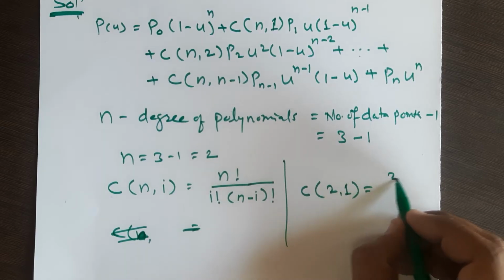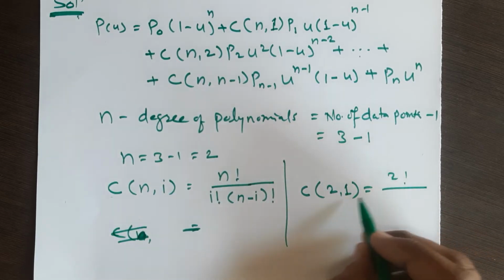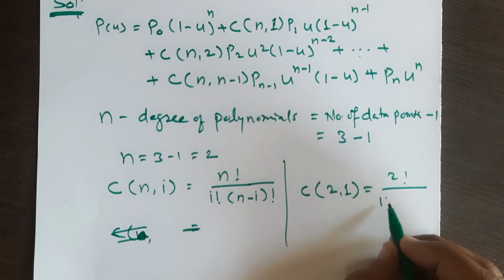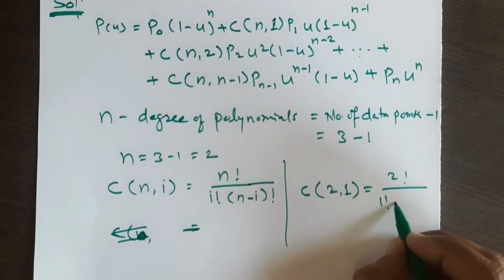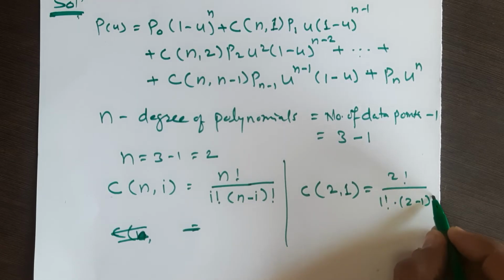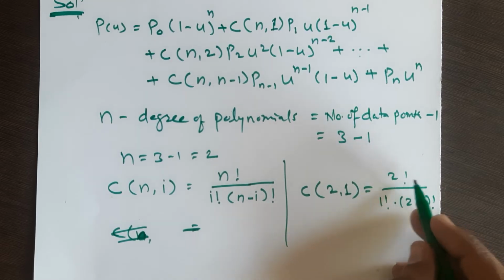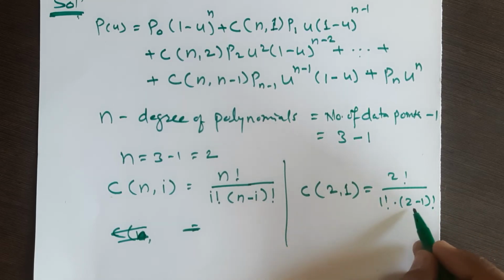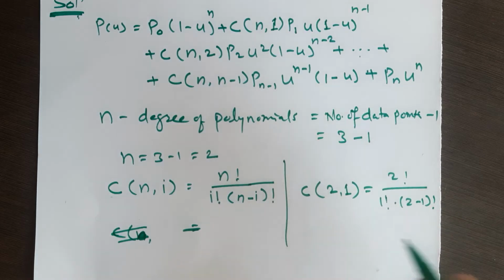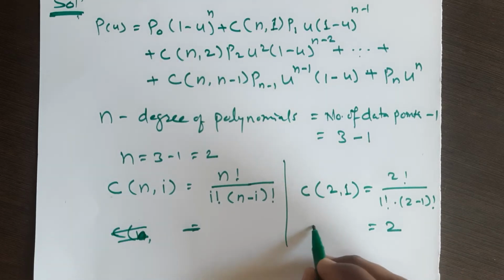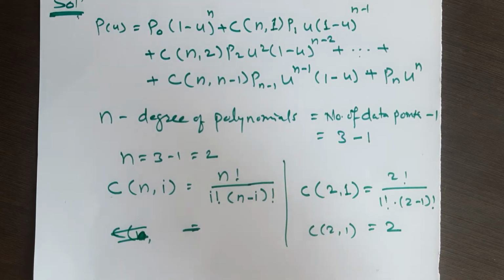So it is 2 factorial, n is 2, divided by 1 factorial into (2 minus 1) factorial. If you solve it, 2 factorial is 2 into 1, 1 factorial is 1, and 2 minus 1 means 1, 1 factorial is 1, so you will get only 2. So C(2,1) will be 2 only.